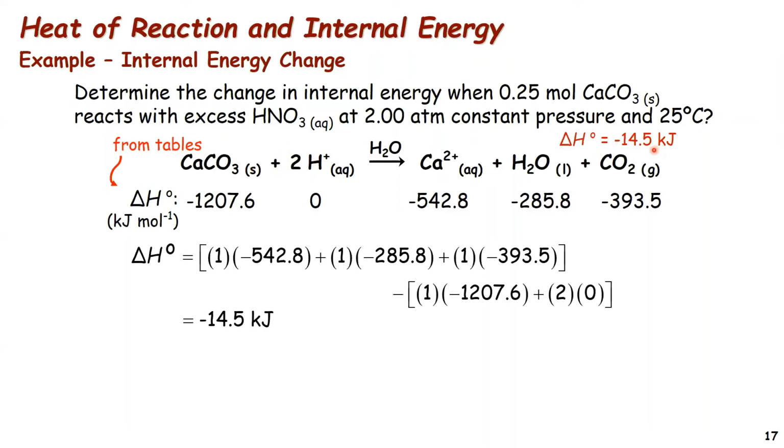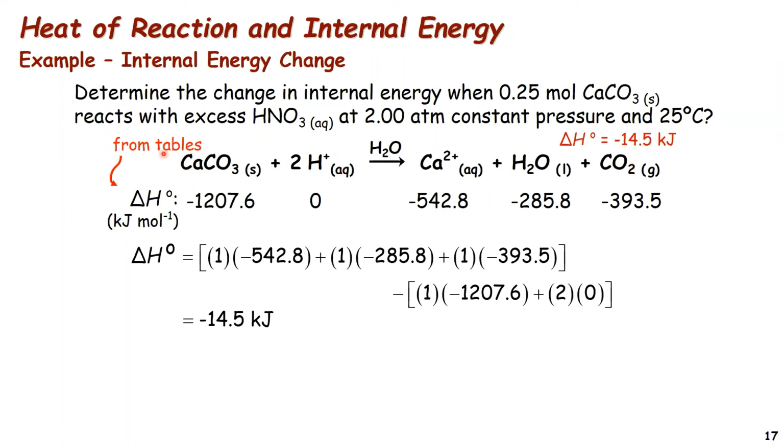It would release 29 kilojoules of energy. So again, this is our balanced thermochemical equation. We'll have a molar energy ratio. So the molar ratio is where we related moles of one thing to moles of another thing within the chemical reaction. In a balanced thermochemical equation, we'll have the molar energy ratio, where we can relate the moles of anything in the chemical equation to the amount of heat that is released.